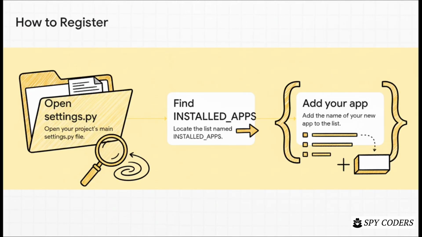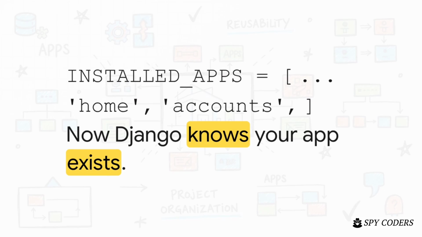It's just three steps. First, you open up the settings.py file inside your main project folder. Second, you scroll down until you find a list called INSTALLED_APPS. And third, you just add the name of your new app to that list. It'll look just like this. If you made apps called home and accounts, you just add those names as strings into the list. And that's it. Now Django knows to look inside those folders for models, views, and everything else.